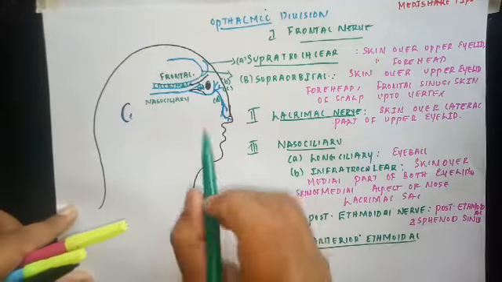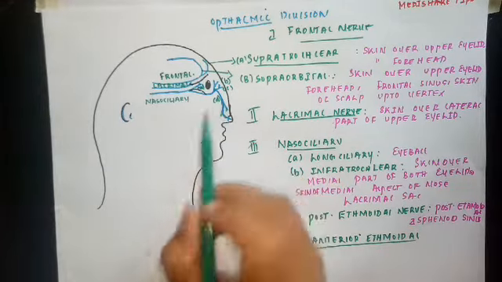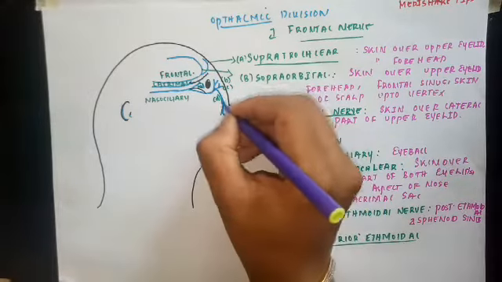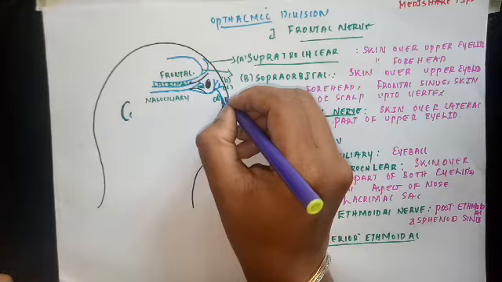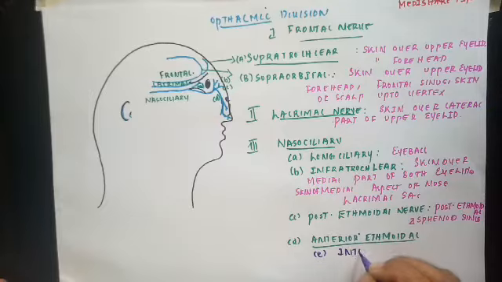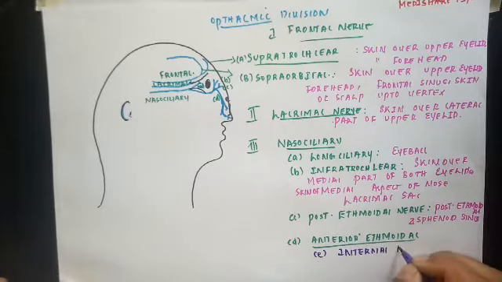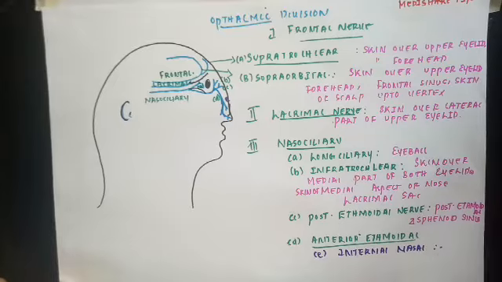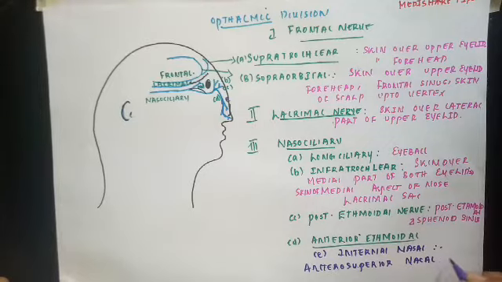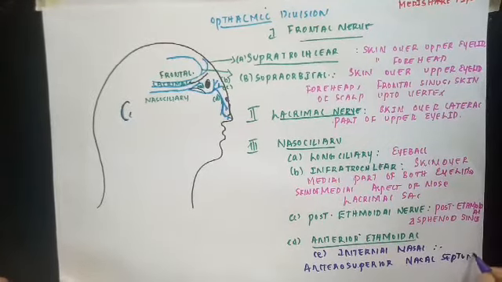You will see that the anterior ethmoidal comes here and divides into two branches, the internal nasal and external nasal. The first is the internal nasal, labeled as E. E is the internal nasal branch of the anterior ethmoidal, which will be supplying the anterosuperior part of the nasal septum and the lateral wall of the nose.